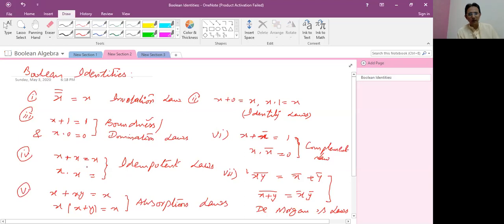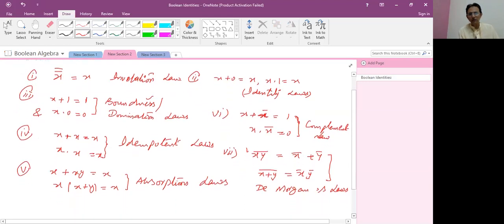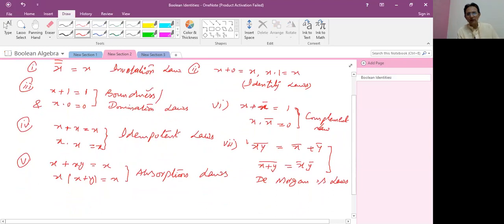Idempotent law: x plus x equals x, and x dot x equals x. These are called idempotent laws for addition and multiplication. X plus x complement equals 1, x dot x complement equals 0, the complement law. When we consider x plus xy equals x, x into (x plus y) equals x, this is called the absorption law.